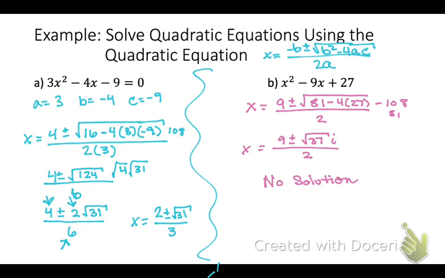I got 31 because I did 4 times 1 equals 4, and then 4 plus 108, and then I got... Wait. No, this is 4ac, so it's 4 times a times c. Yeah, and a is 1. Right, so 4 times 1 is 4, and 4 times 27 is 108. I actually plugged in 9 for 4.